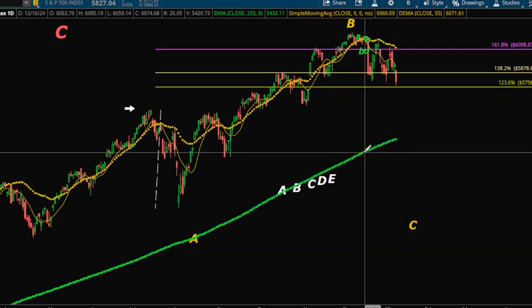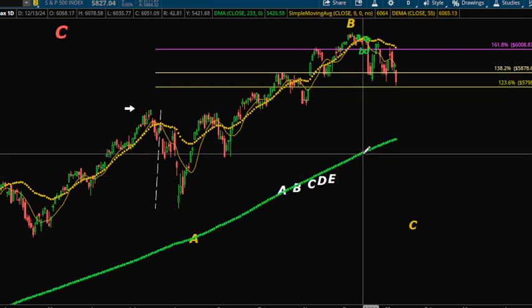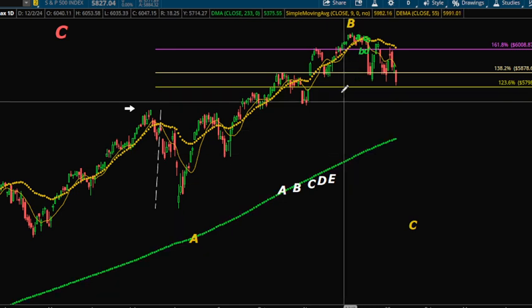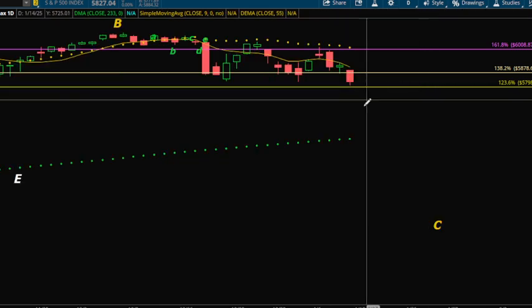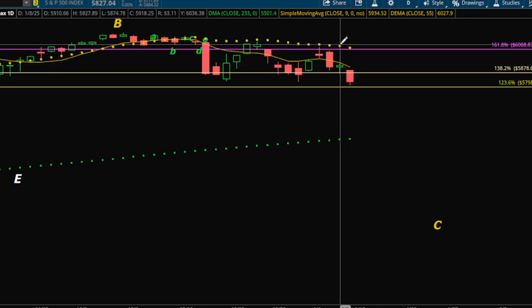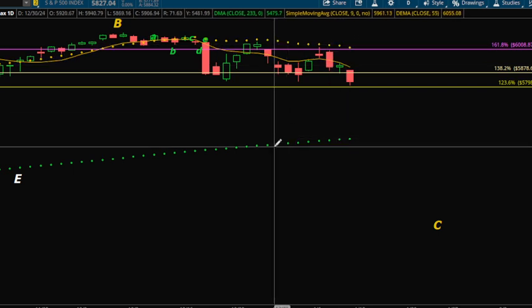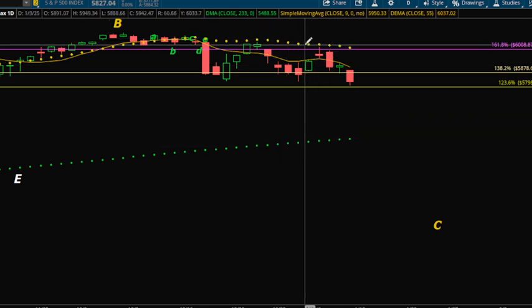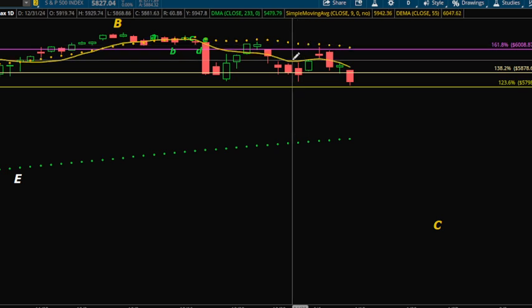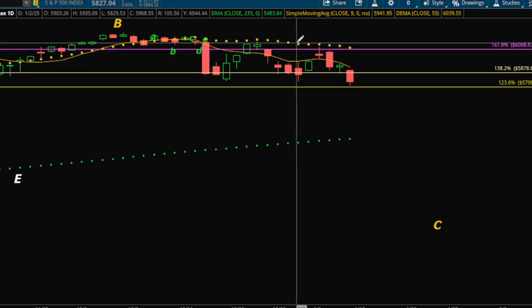The green is, for most people's case, the 200, but for me I have the 233, and then the 55-day moving average. The green one is the 233.